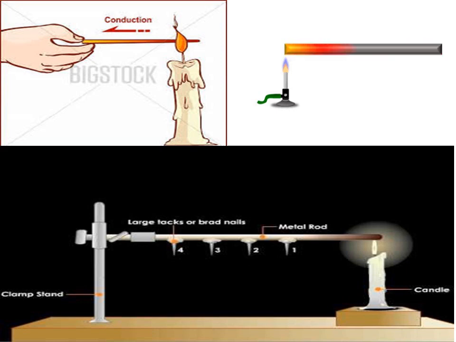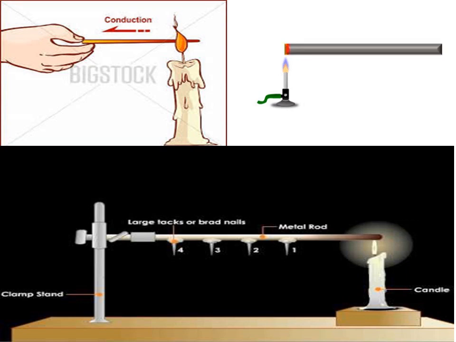So when an object is heated, its molecules receive this heat energy and start vibrating faster. This vibration induces the neighboring molecules to vibrate faster too. Thus, heat is transferred from one part of an object to the other.